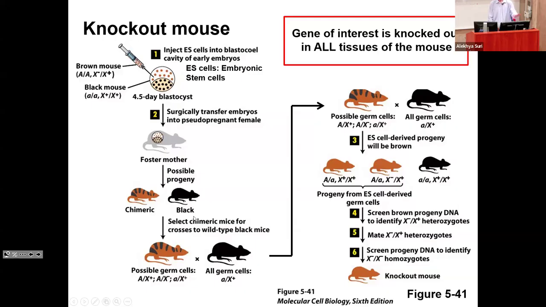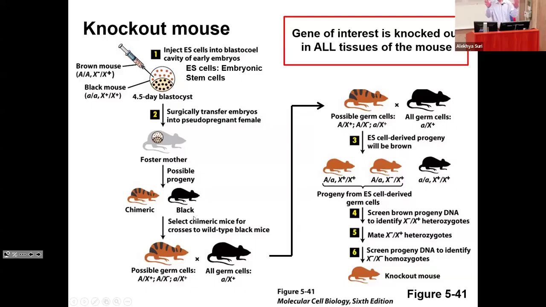Okay, so overall, you don't need to memorize these steps here with the crossing, but what you should memorize is with this method, you create a mouse with the knockout of a specific gene in all tissues.